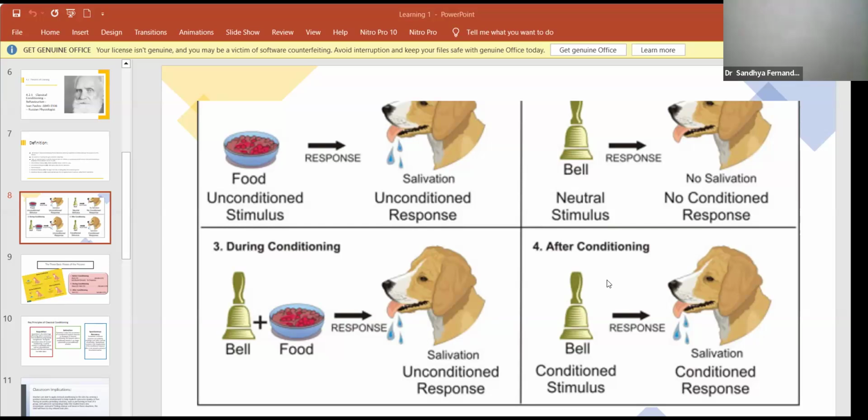Are you listening? Why are you not responding? Hello? Hello? Hello? Yes, ma'am. I ask you a question. The question is, what is the unconditioned stimulus or the natural stimulus in this study?